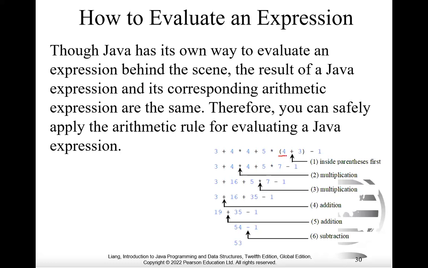So you solve parentheses first. After you solve parentheses, you solve higher order operations from left to right. So you solve the multiplication, then the addition, you move on to the resulting addition, and then you move to subtraction and you have your final answer.